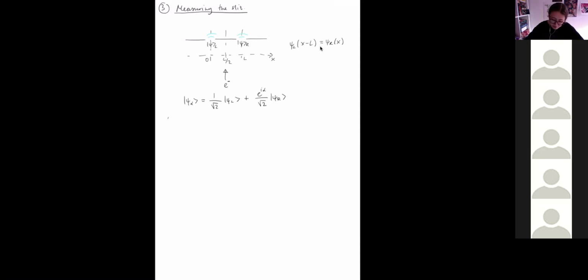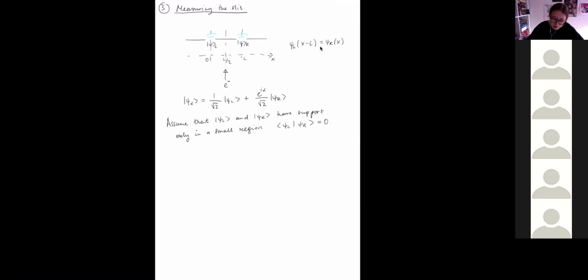And we assume that psi L and psi R have support only in a small region. So the bracket of psi L with psi R equals 0.